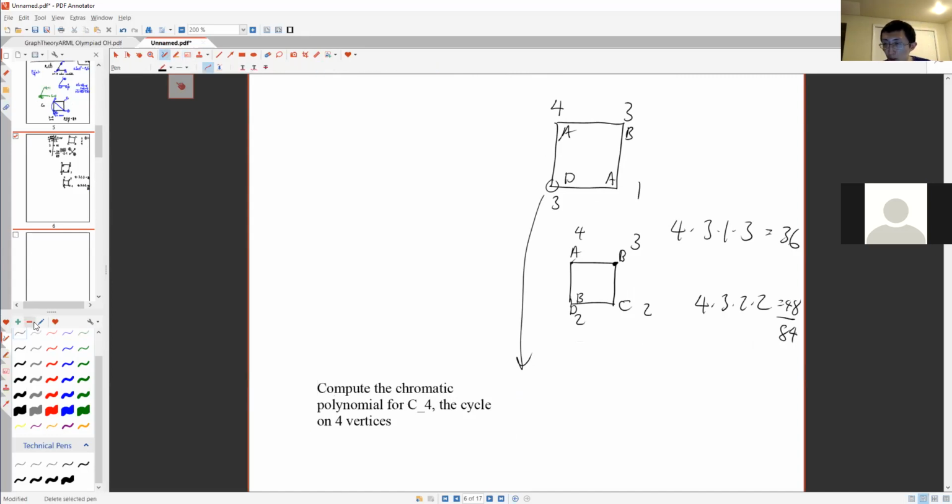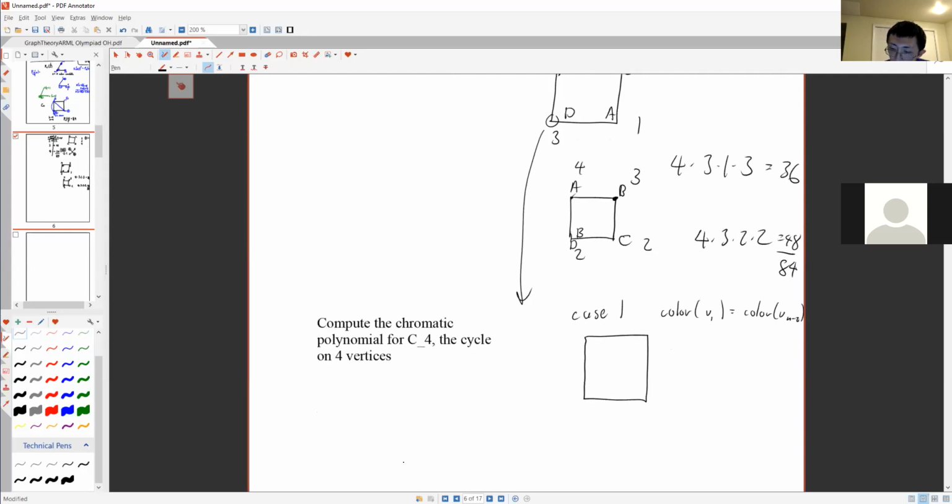So, I guess we just repeat the reasoning, right? So in case 1, the color of vertex 1 equals the color of vertex n minus 2. Let's just do vertex 1 like that. So that means, let's just use n, okay? So n is our input variable.